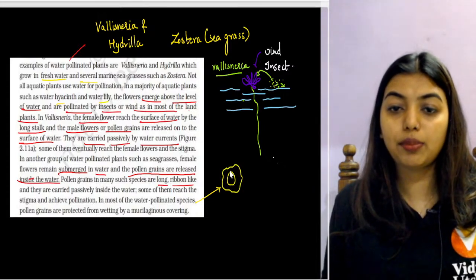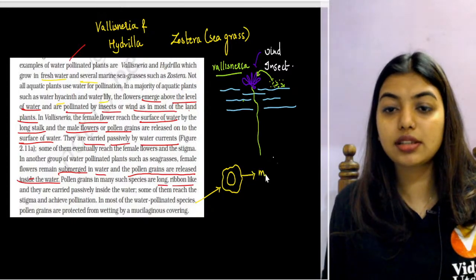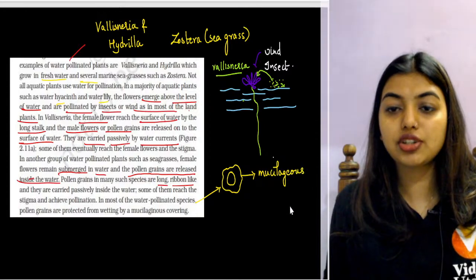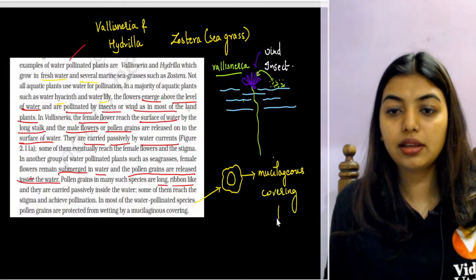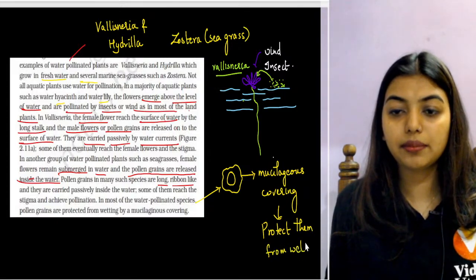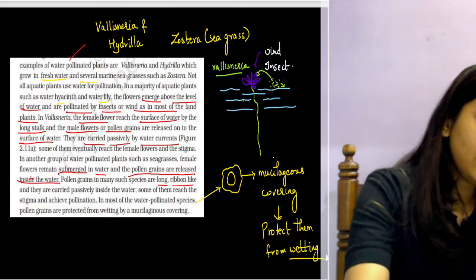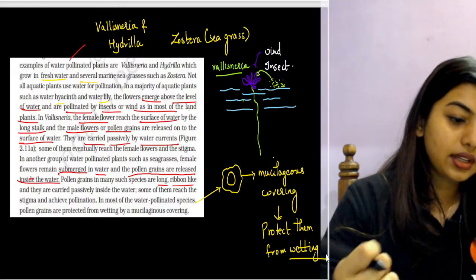This looks like an omelette, but yes, this is the mucilaginous covering, to protect them from wetting. Is this clear?